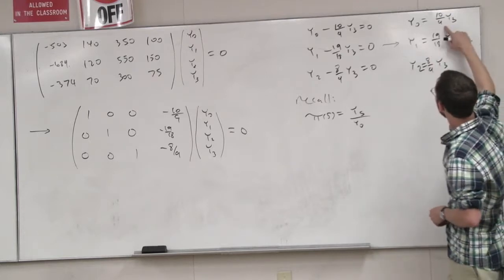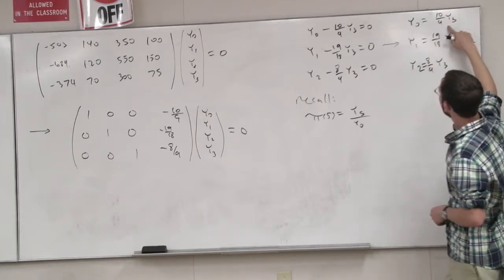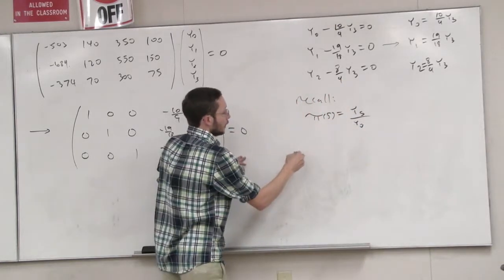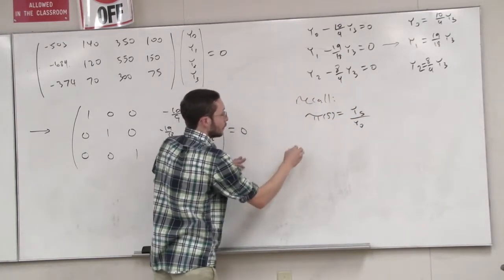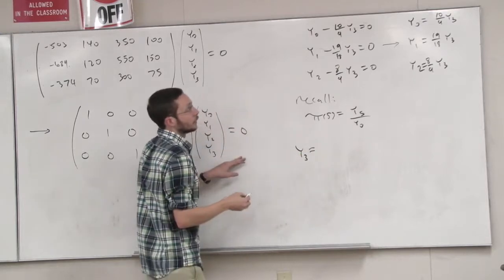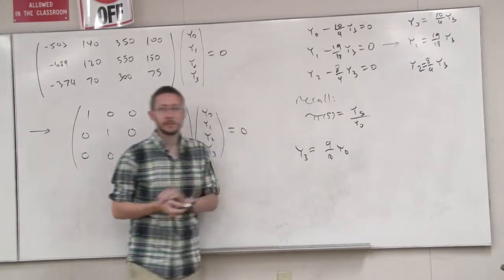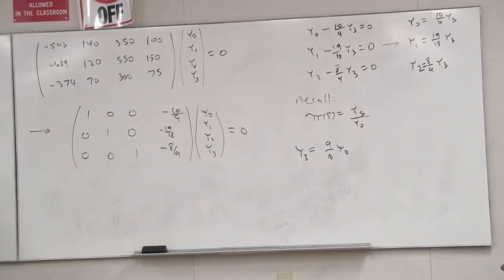If we want to isolate y3, then from equation 1 we see y3 is equal to 9/10 y0. So we've got y3 by itself, written in terms of y0.